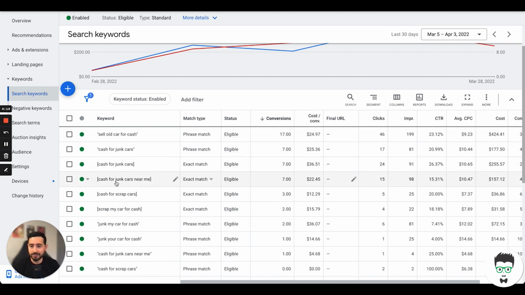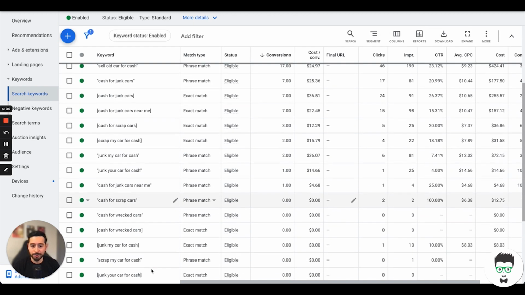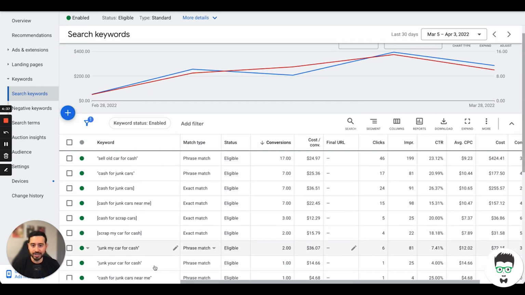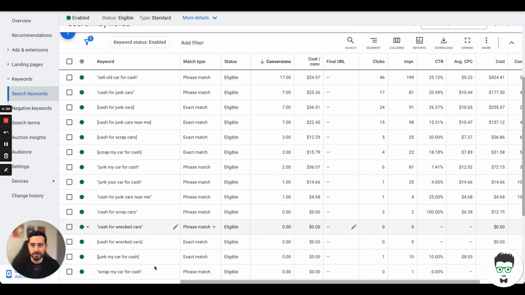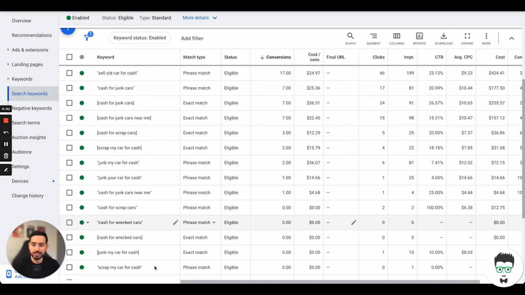We also have cash for junk cars near me, cash for scrap cars, scrap my car for cash, junk my car for cash. These are getting into tongue twisters. We have junk your car for cash, cash for junk cars near me, and then cash for scrap cars. There's more keywords, but I just want to show you what's performing the best, just to give you some context.